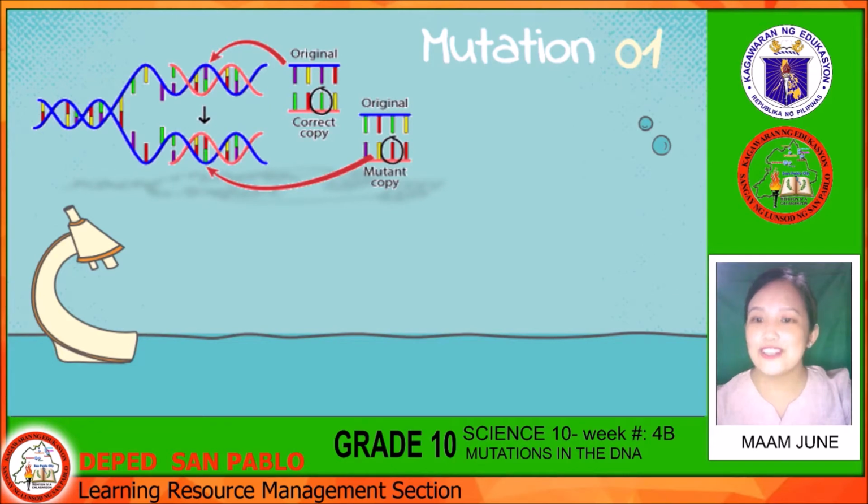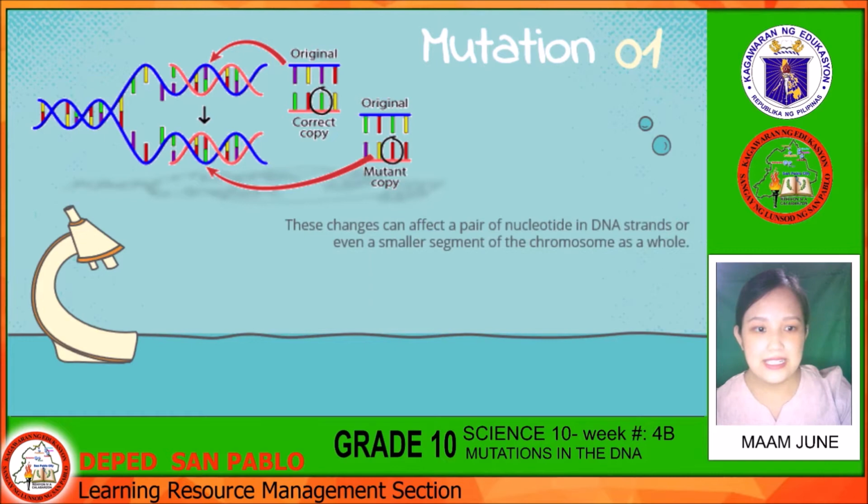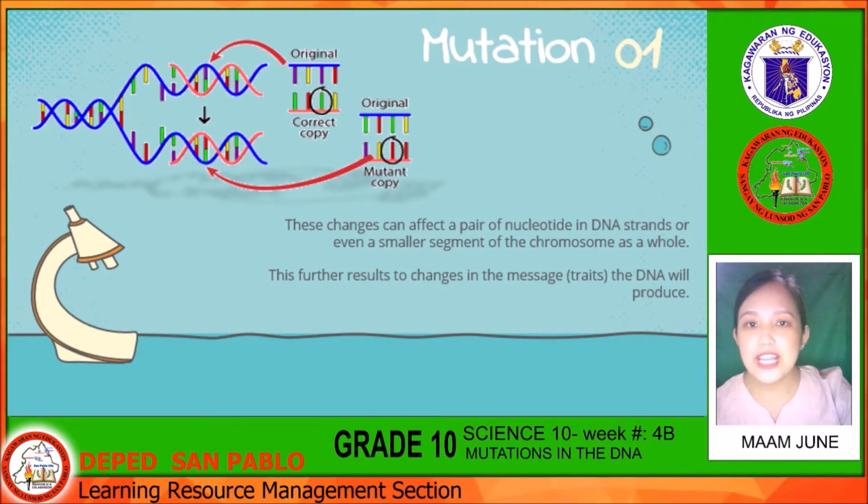Consider the illustration above. Say, for example, in replication of the DNA, nucleotides are complemented mistakenly at a point in the process. These changes can affect a pair of nucleotides in the DNA strand or even a smaller segment of the chromosome as a whole. This further results in changes in the messages or traits that our DNA will produce.